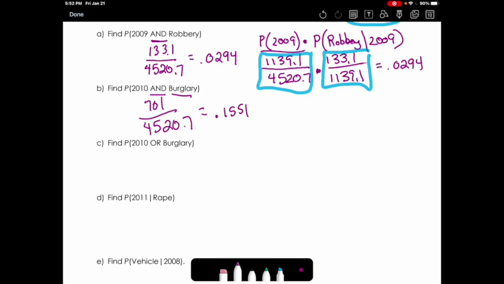Okay, now for the probability of it being 2010 or there being a burglary, we need to use the addition rule. And so we're going to add the probability of it being 2010 plus the probability of there being a burglary, and then subtract off anything that gets counted more than once, where there's some overlap.